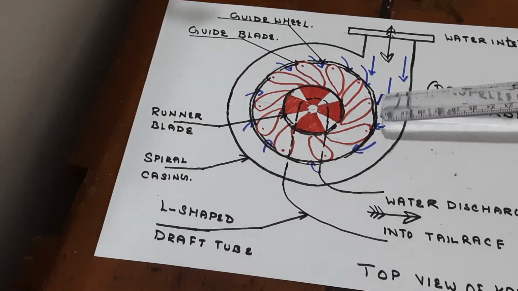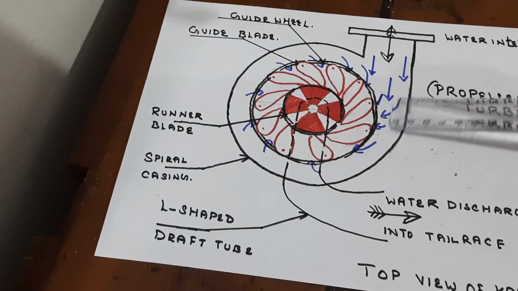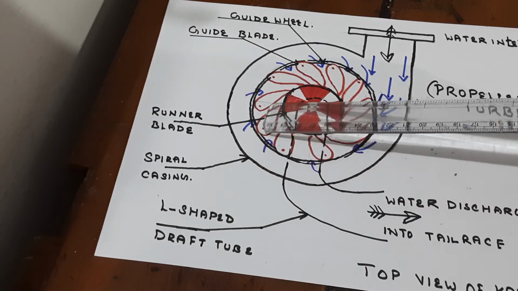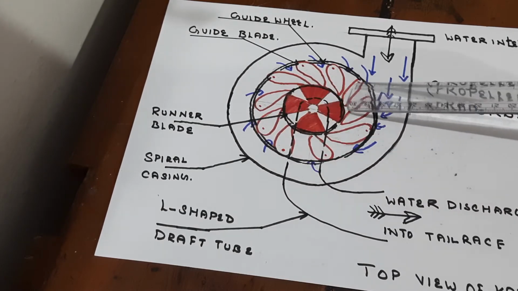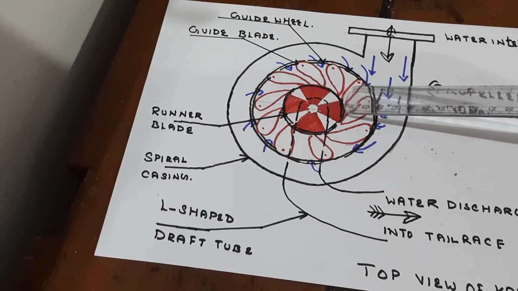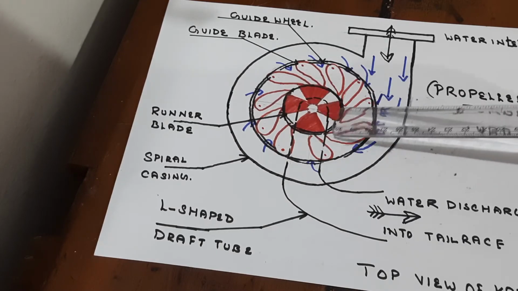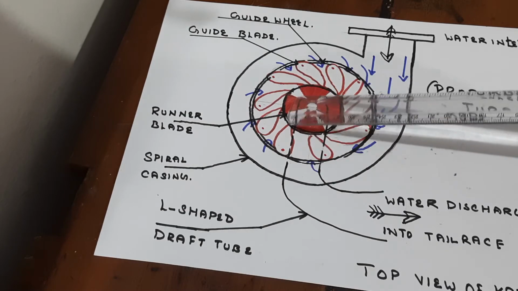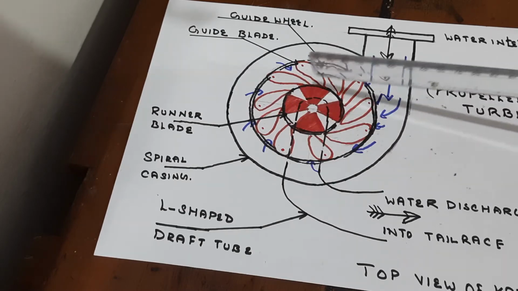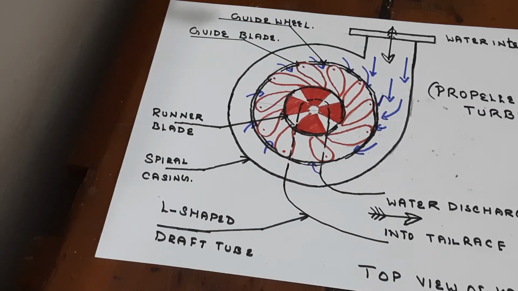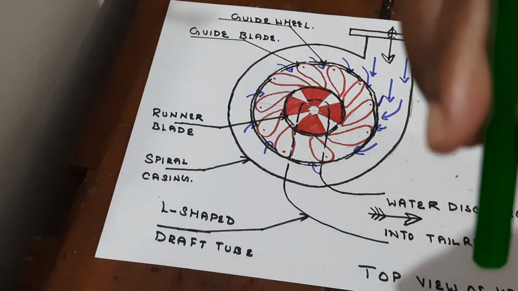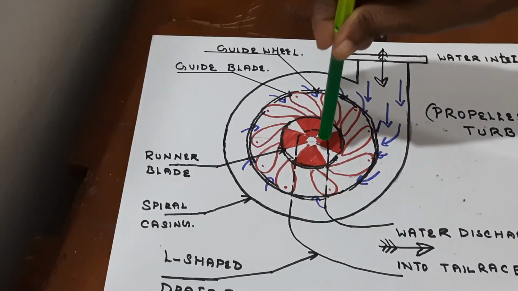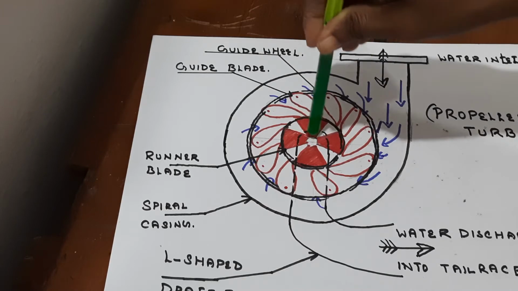Now the main thing: as the water flows, you can see the guide vanes guide the water to flow. Then it flows around the runner blade, which imparts a motion to the runner, and the water flows axially. Axial in the sense that it moves along this axis.